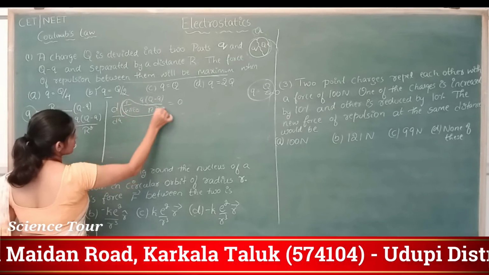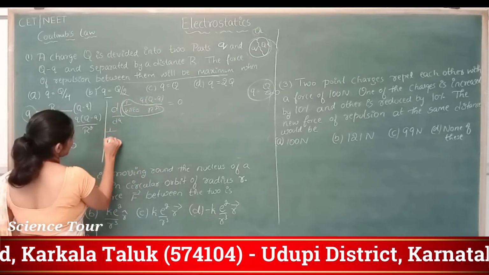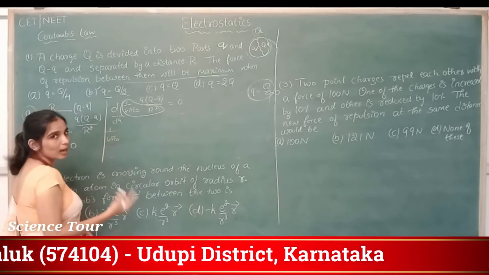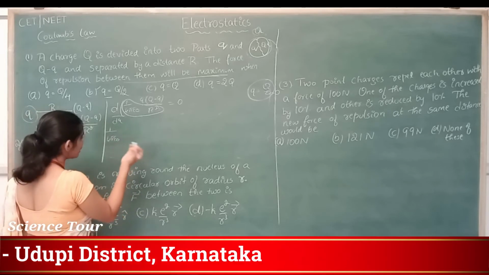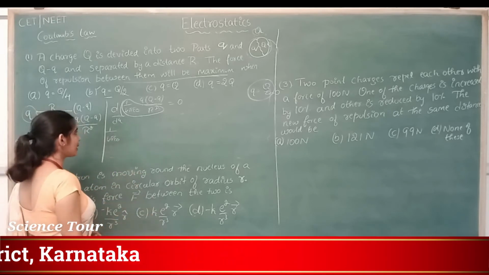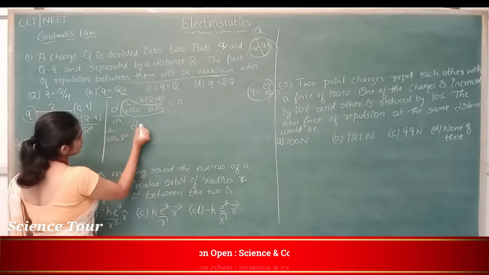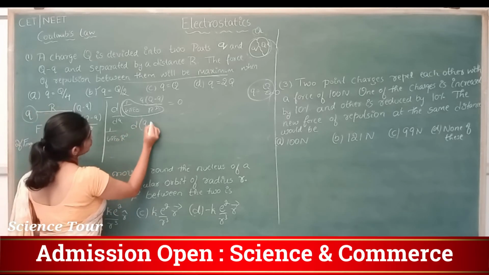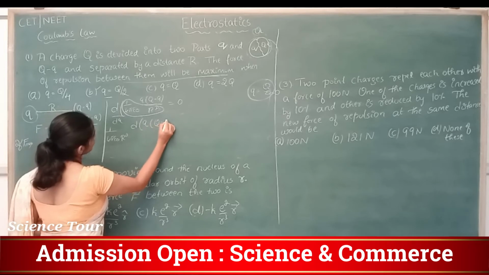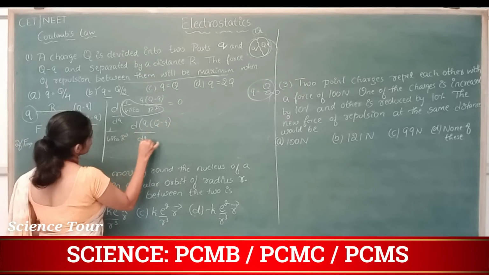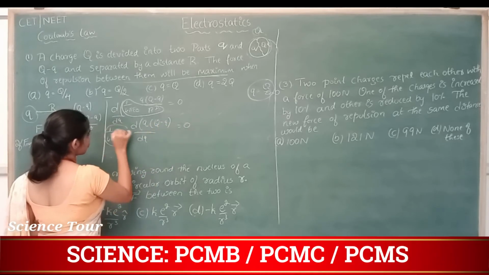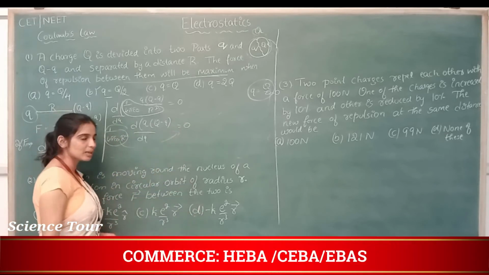This is a constant term, you can take it outside. 1 by 4 pi epsilon naught. You don't need to do it step by step, you can directly differentiate that. But just to make it easier to understand, q into (Q minus q) with respect to q is equal to this. If you bring this term to the right hand side, that becomes 0.